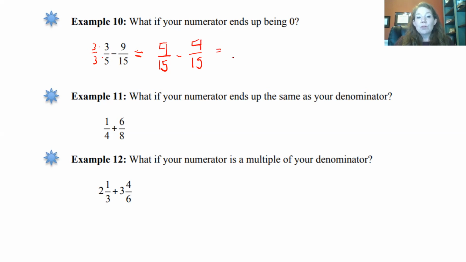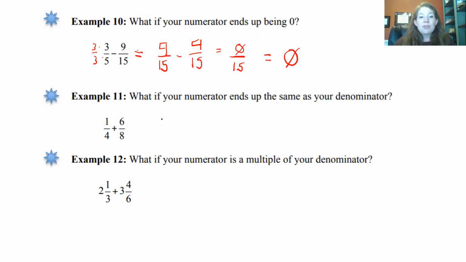So the rule is leave the denominator the same and subtract the numerators. Well, 9 minus 9 is 0. Then to simplify 0 over 15, you would divide 0 by 15, and that is a real answer of 0. Or just think about it: if you start out with 9/15 of anything and you take 9/15 away, you end up with nothing.